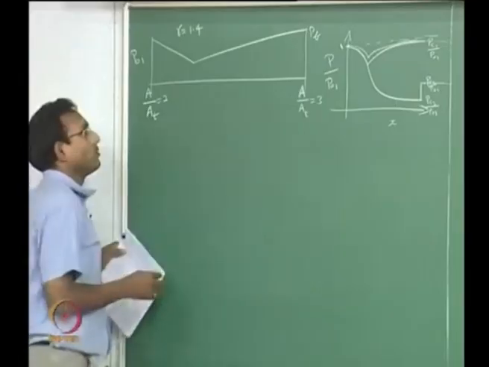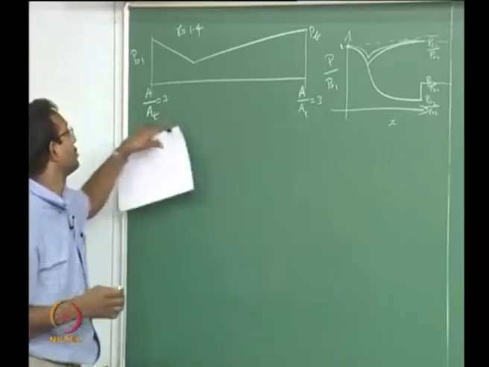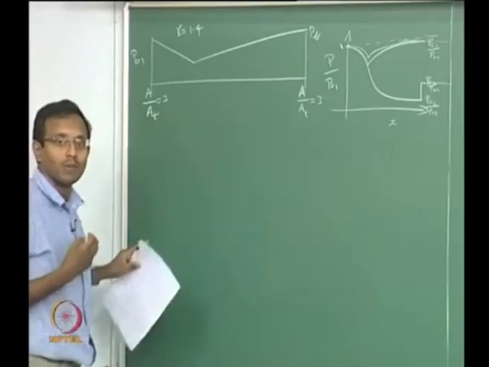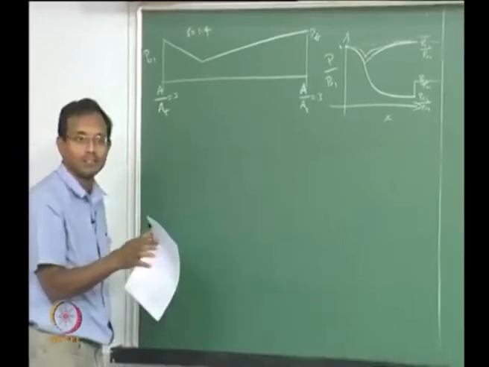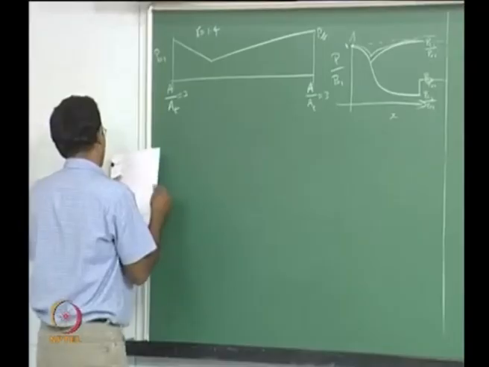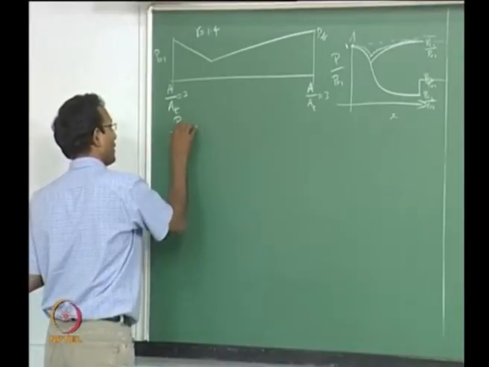So I don't know what pressure I should use for this particular set of ratios of areas. What I am going to do is first find the critical values PC1, PC2, PC3. How will I find PC1, P by P01 critical 1?